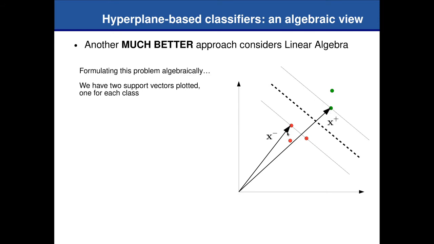And here I have a negative position vector on which my support hyperplane defining the closest negative elements lies. Okay.